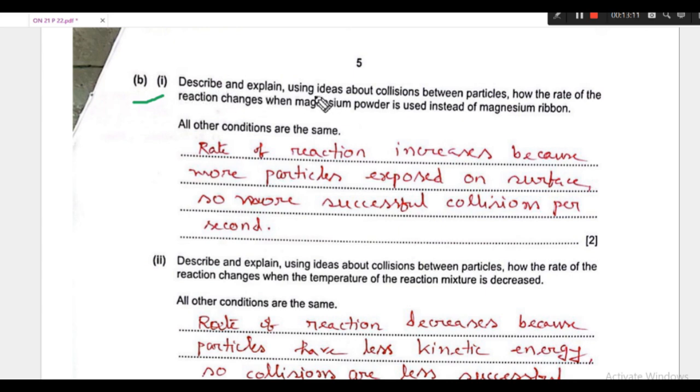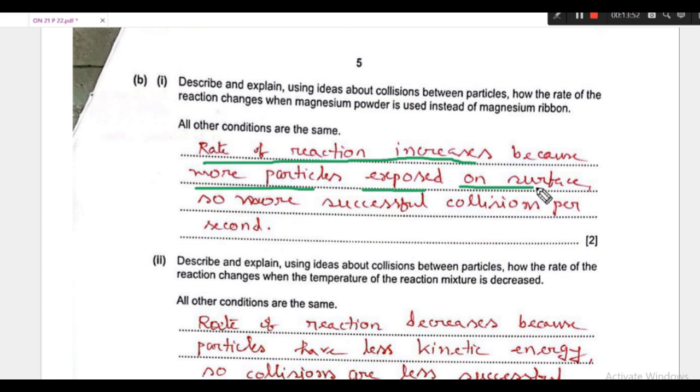B1, describe and explain using ideas about collision between particles how the rate of reaction changes when magnesium powder is used instead of magnesium ribbon. You know, magnesium powder has greater surface area, so rate of reaction increases, because more particles are exposed on the surface.